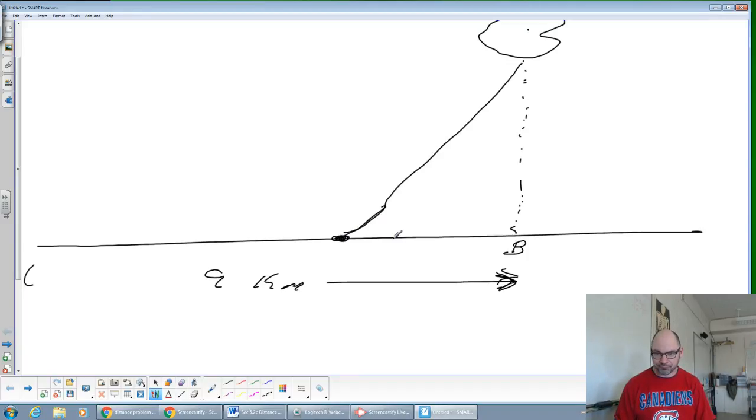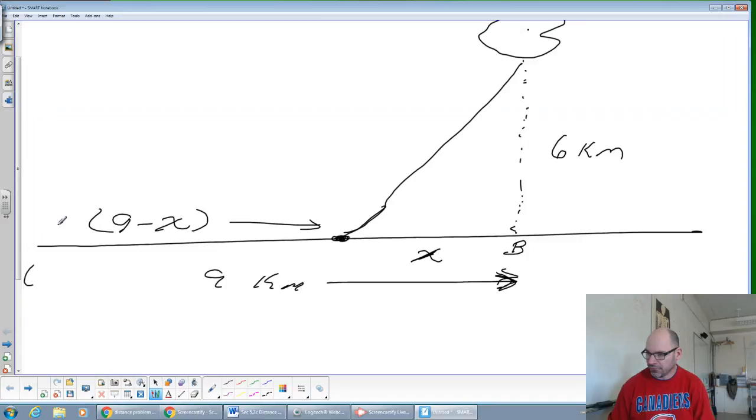Then it says, find the least expensive route. So I'm going to put my X, and she said that this is 6 kilometers here. I'm going to put my X here. Then if that is my X, then this is my 9 minus X here. That's 9 minus X, and this is X.